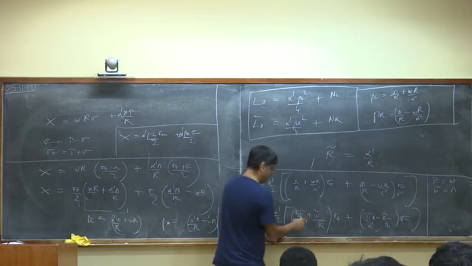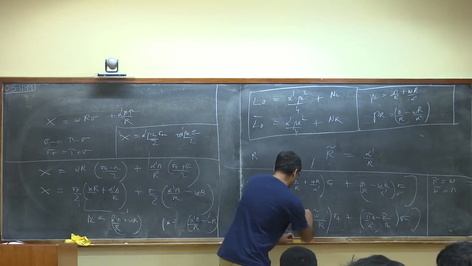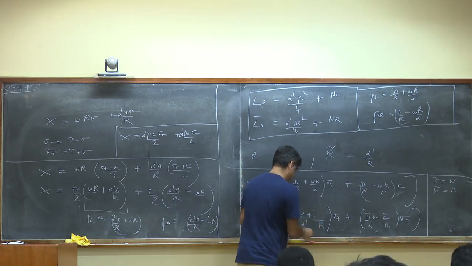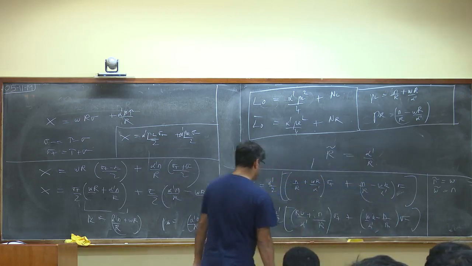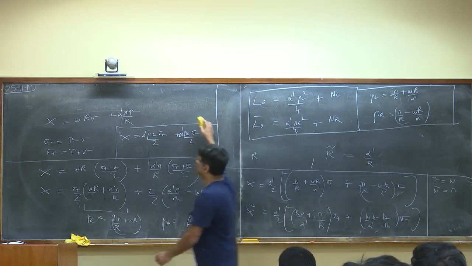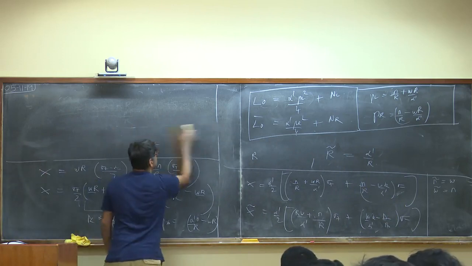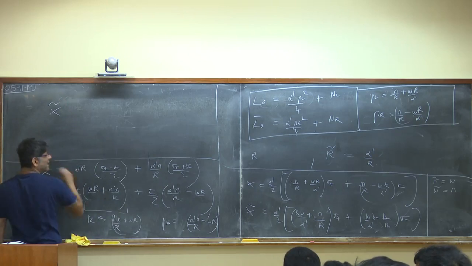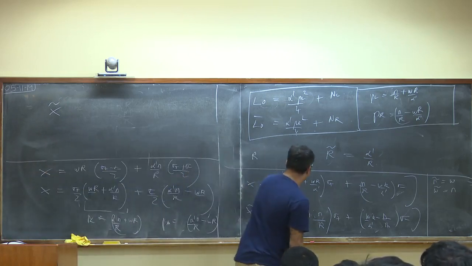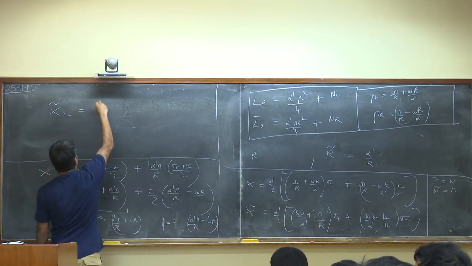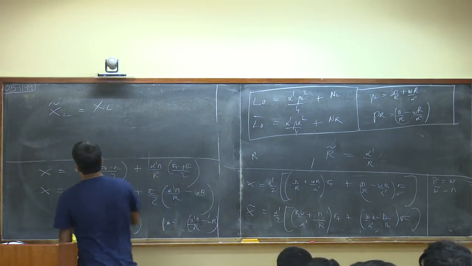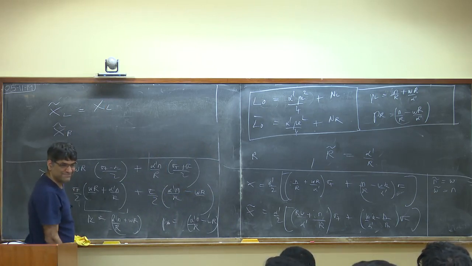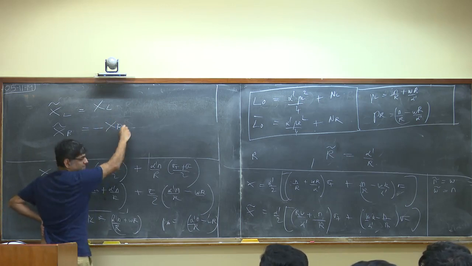Then what do we find? We find that this becomes w and this becomes n, and so we see that x tilde left is equal to x left, but x tilde right is equal to minus x right.